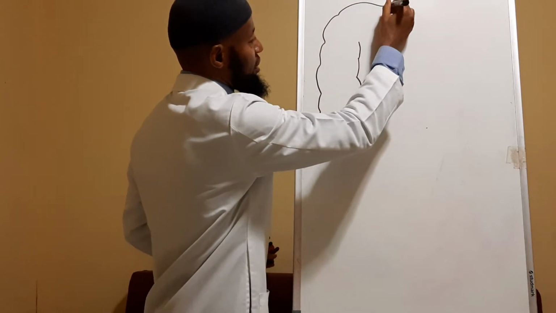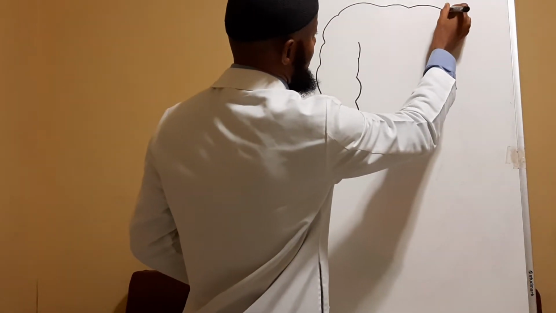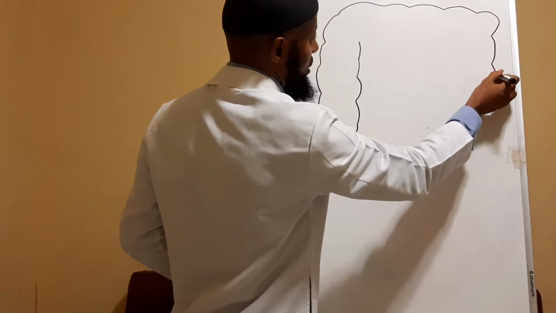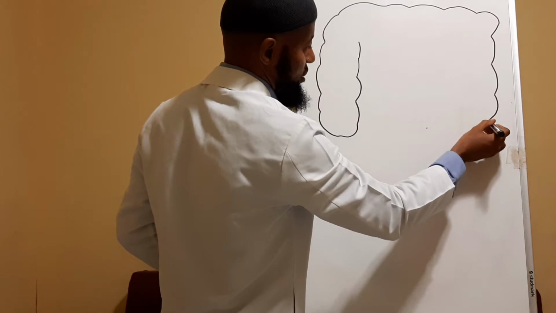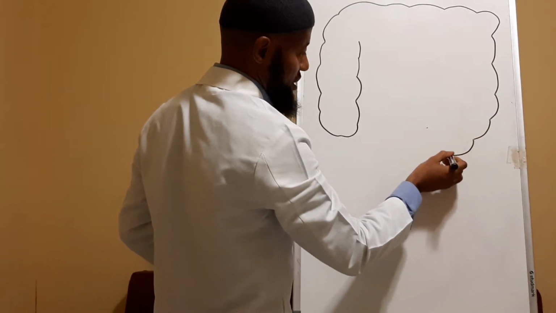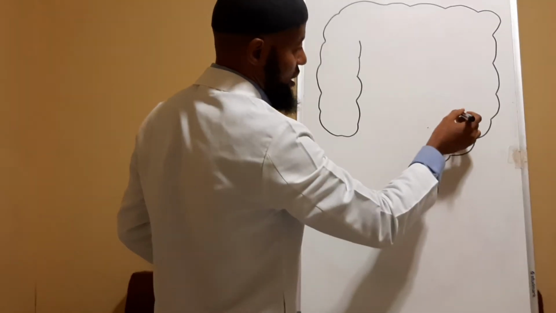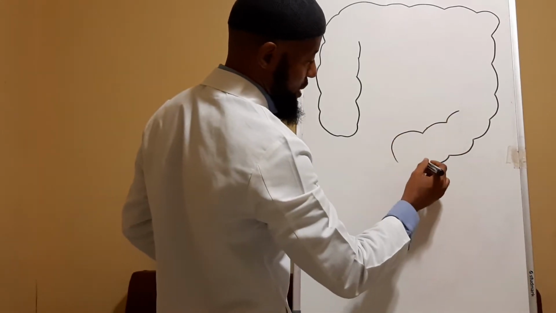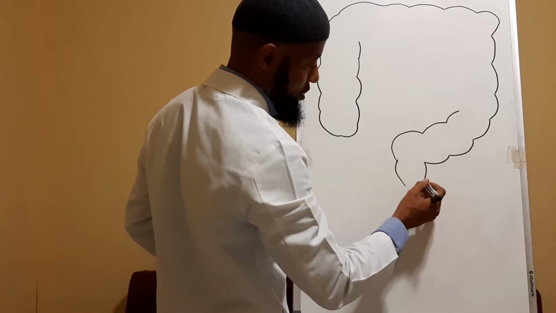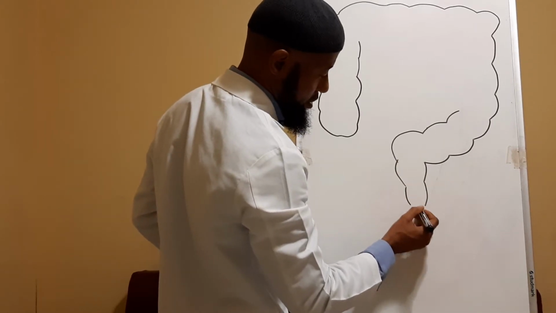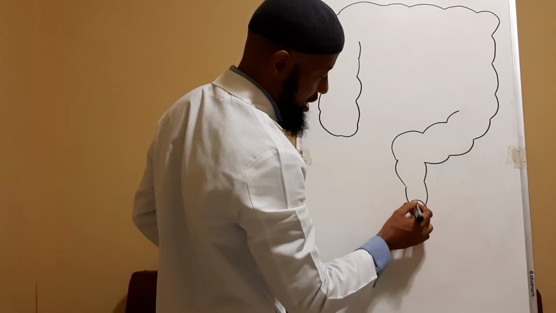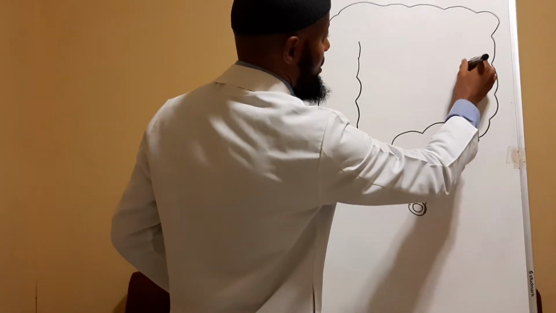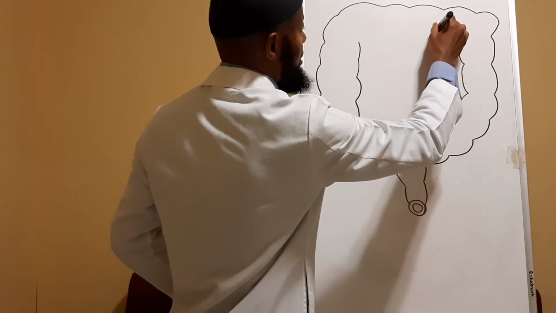And that's the transverse colon, and this is the descending colon, the sigmoid, and of course we have the rectum, and the anal canal. So let me complete this. That's the transverse colon.